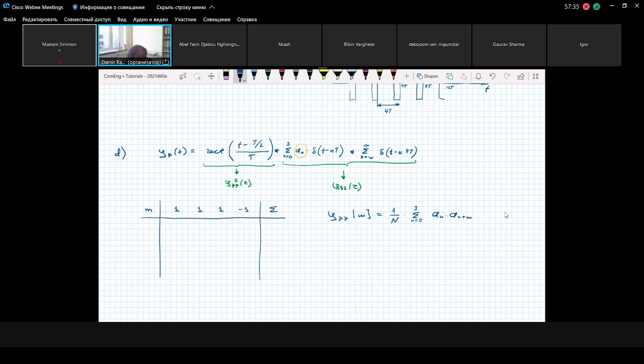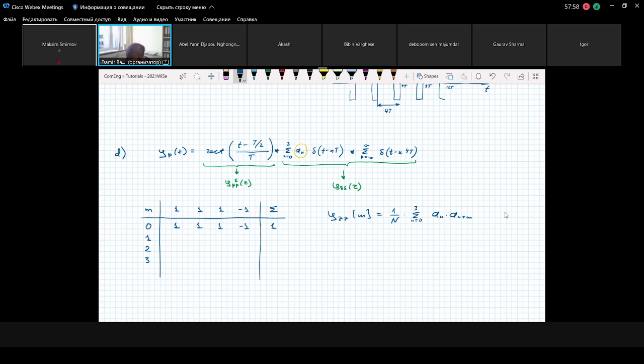Then I just show that we have a shift of 0 samples, 1 sample, 2 samples, 3 samples. So then we have 1, 1, 1, minus 1. This is for no shift between copies. If we calculate the element-wise product and divide by the number of samples, we have 1.